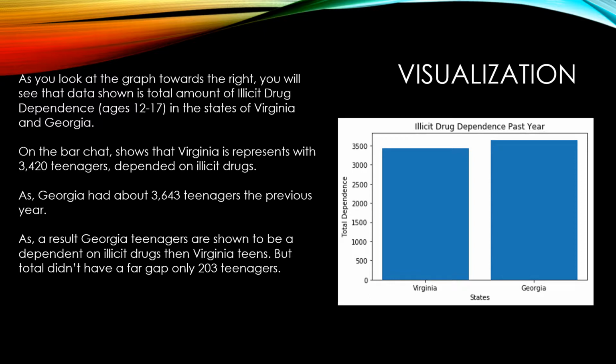The bar chart shows that Virginia is represented with 3,420 teenagers dependent on illicit drugs, while Georgia had about 3,643 teenagers the previous year. As a result, Georgia teenagers are shown to be more dependent on illicit drugs than Virginia teens, but the total didn't have a far gap, only 203 teenagers.